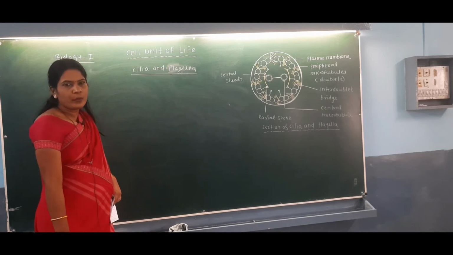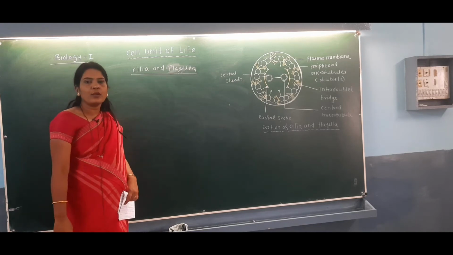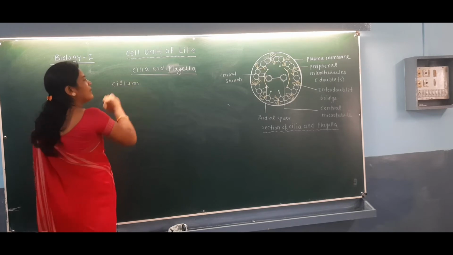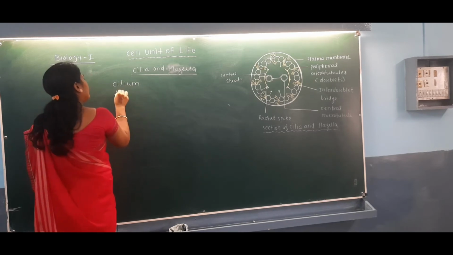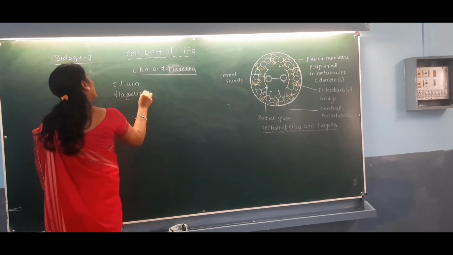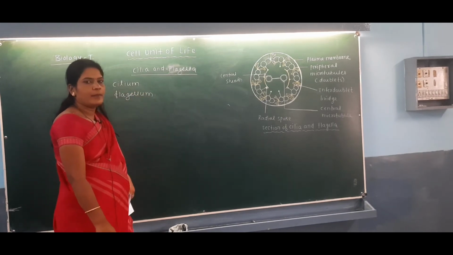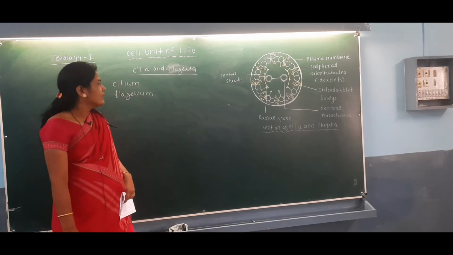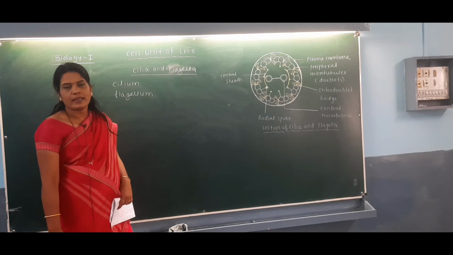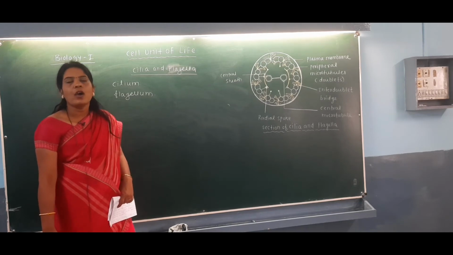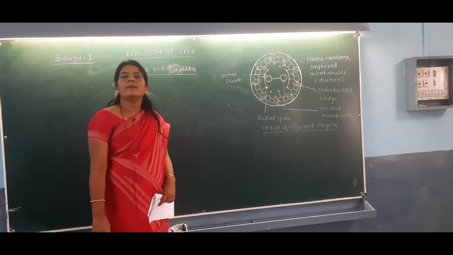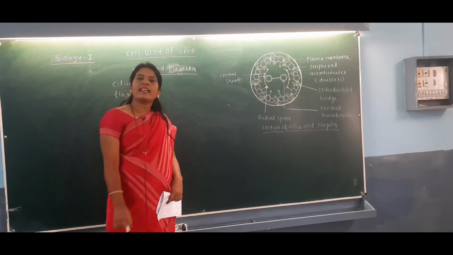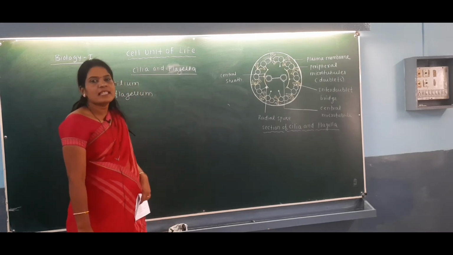See here, cilia is the plural and flagella is also plural. The singular is cilium and the singular is flagellum. So singular cilium, plural cilia. Singular flagellum, plural flagella. So what are these cilia and flagella? The cilium and flagellum are hair-like outgrowths or hair-like structures from the cell membrane.